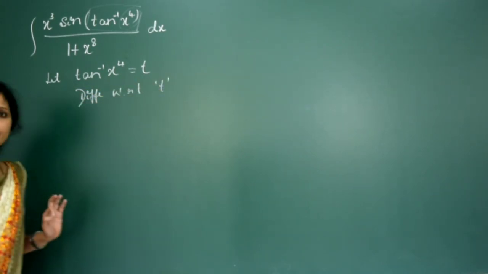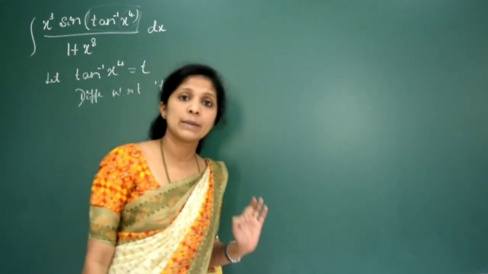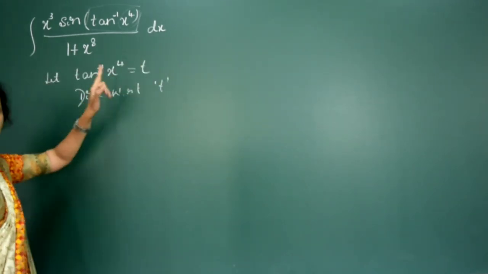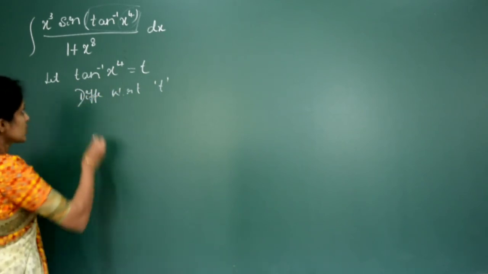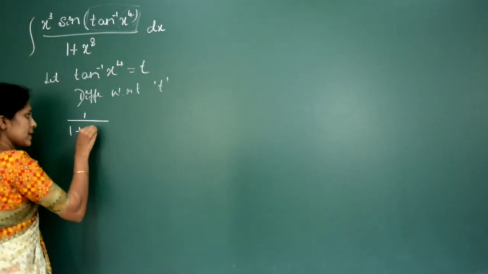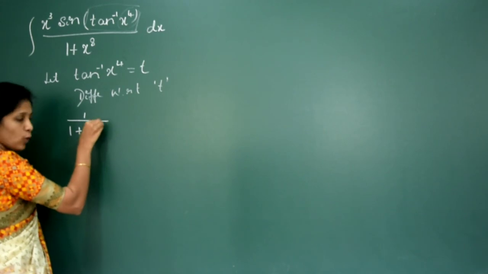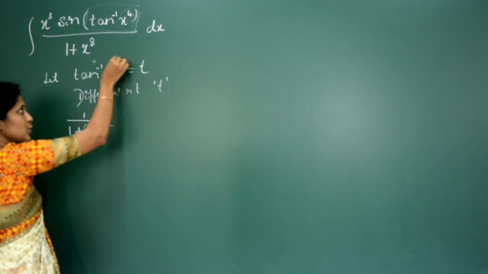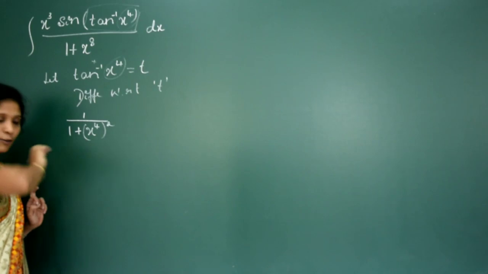The derivative of tan inverse x will be 1 by 1 plus x square. In the place of x we have x to the power 4, so the derivative will be 1 by 1 plus x to the power 4 whole square. We are done with this tan inverse. Now we need to differentiate x to the power 4.